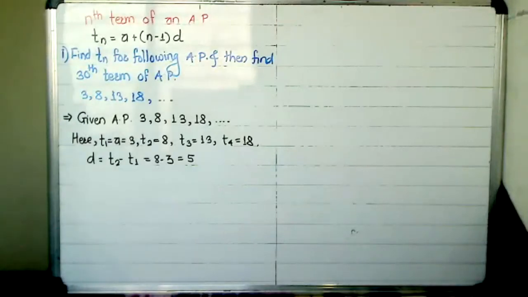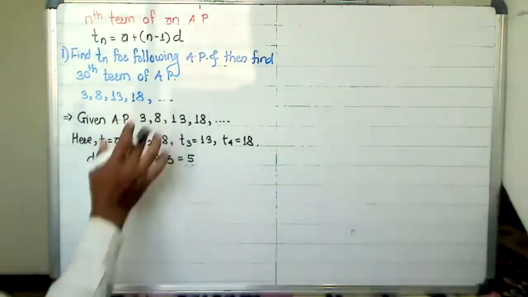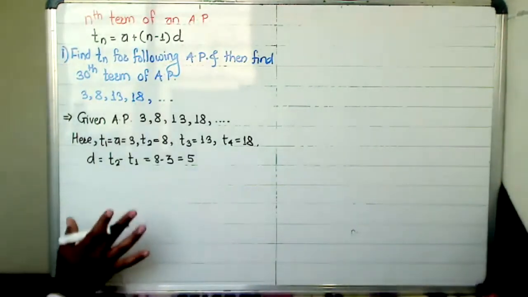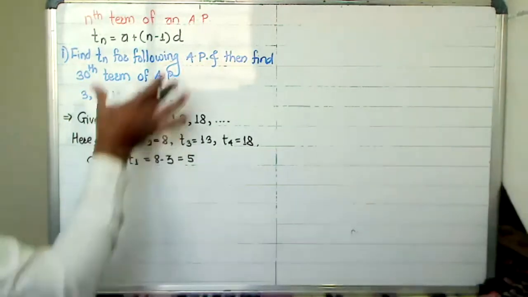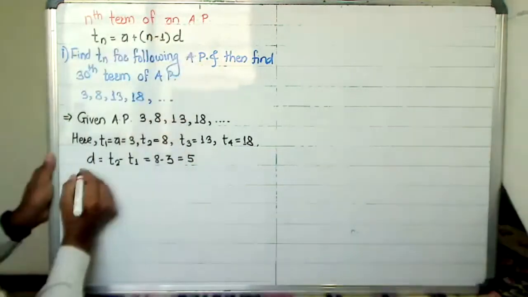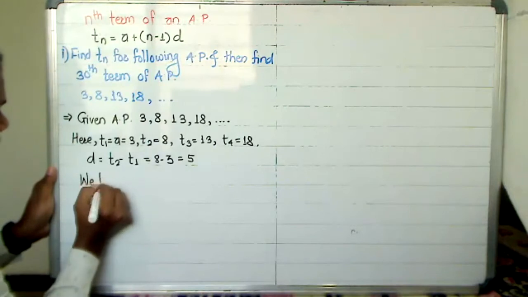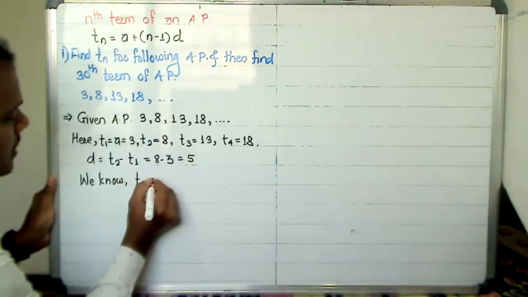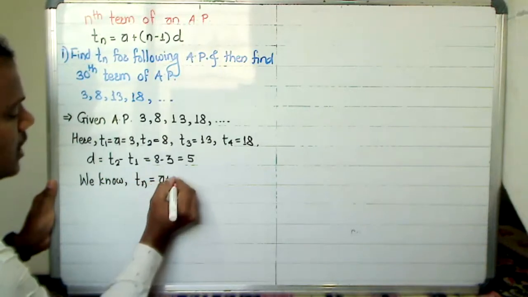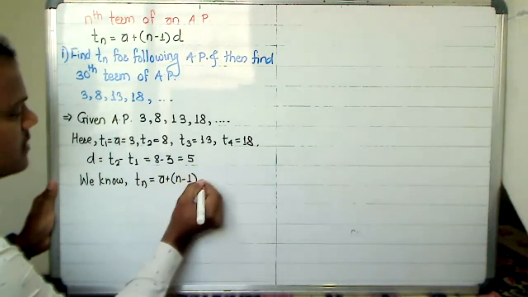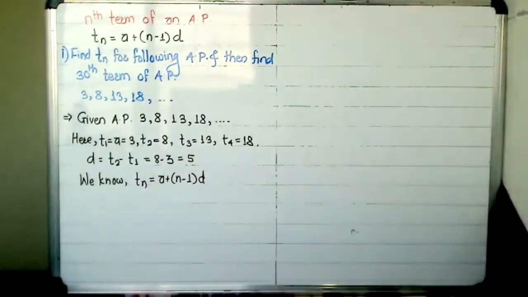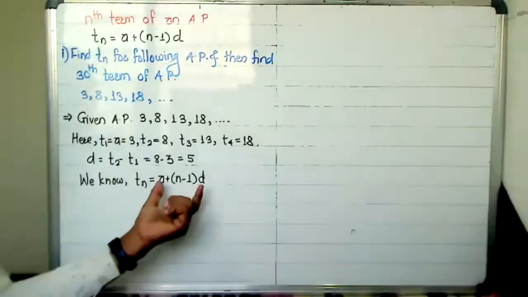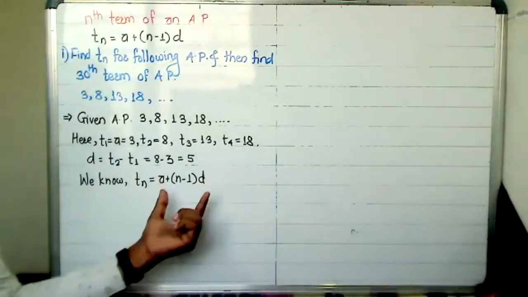Now we should use the formula for Tn. What we know is Tn is equal to A plus n minus 1 into D. Now we have to simply substitute the values of A and D in this equation.